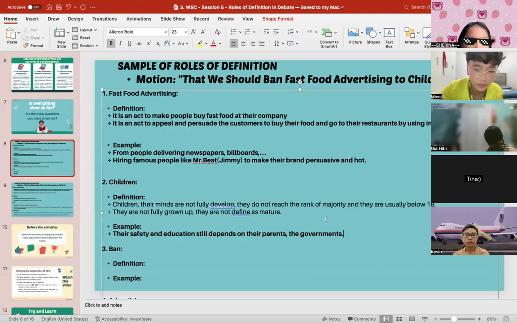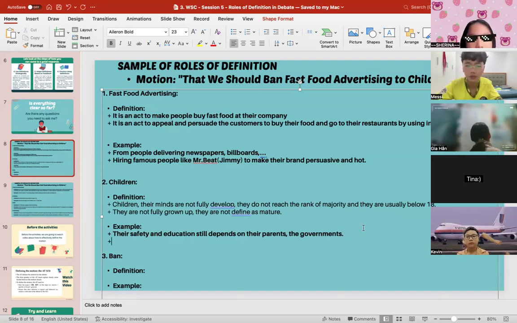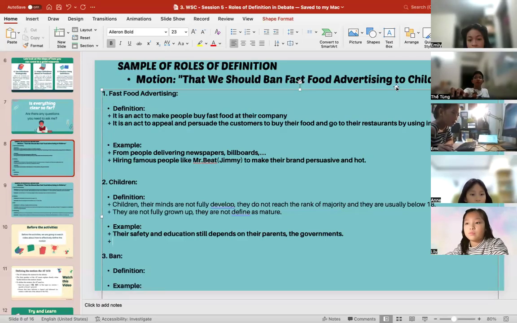And so this is the outline for it, but does anyone have any more specific example? Thế Tùng.